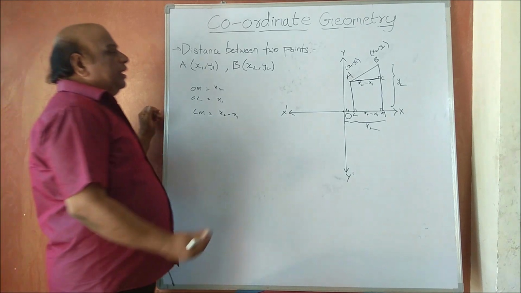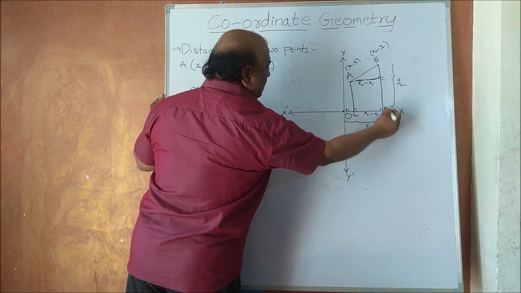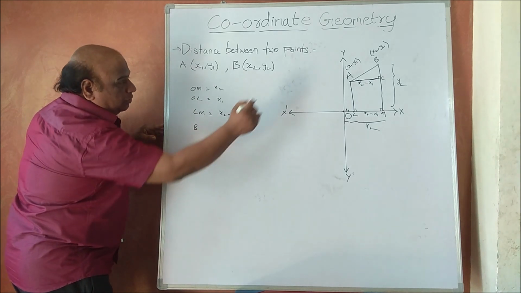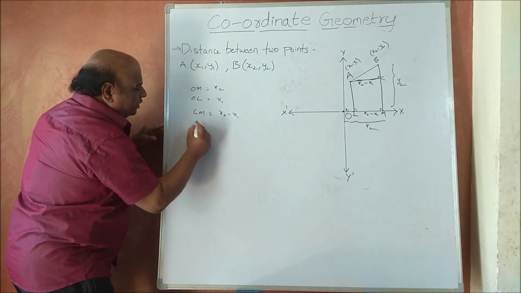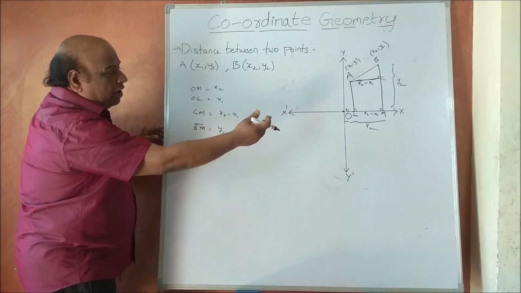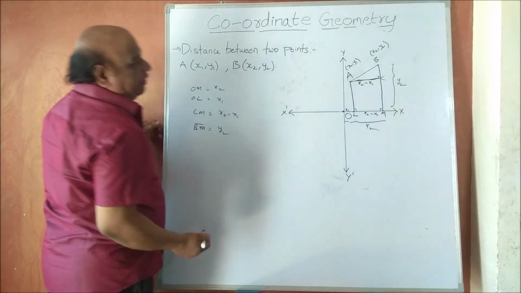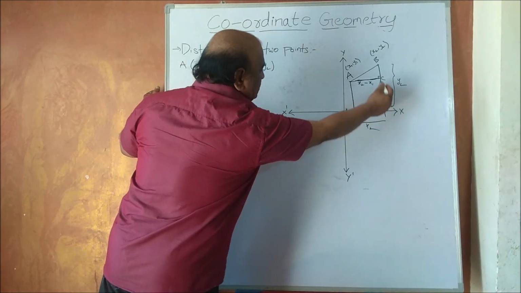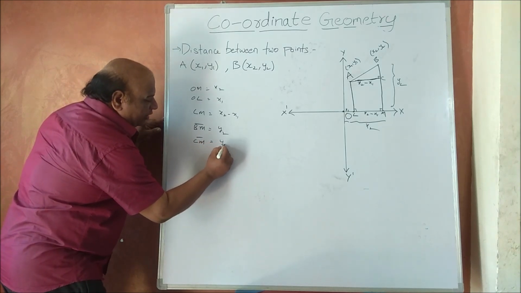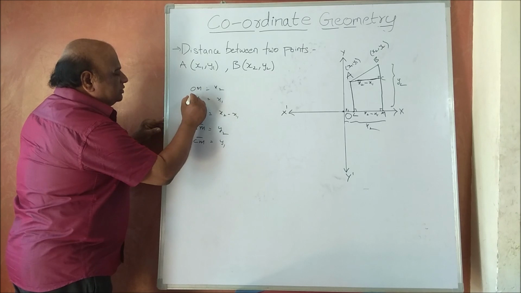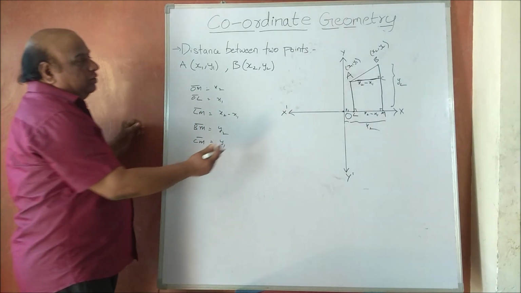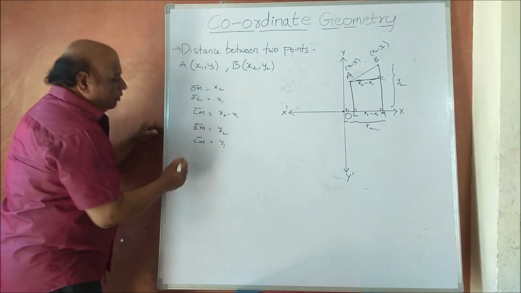Like this, what about the length CM? Here if you observe, the length of BM is y2. And CM is y1. What about BC now?